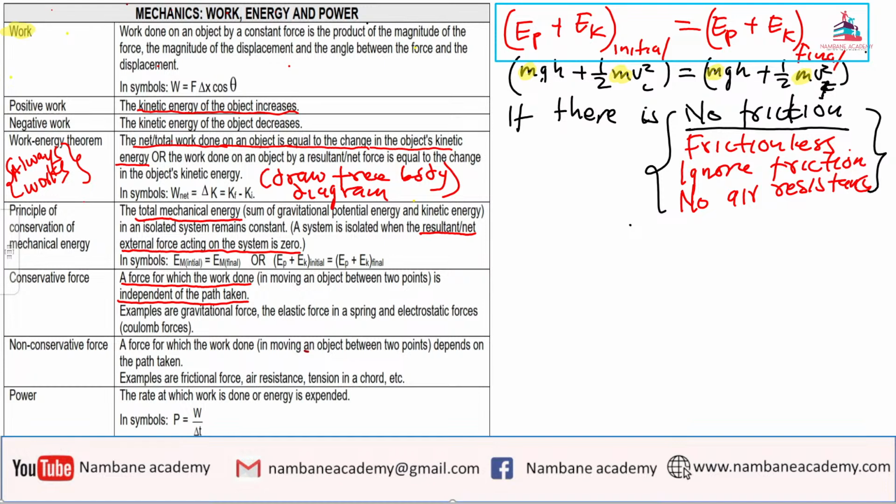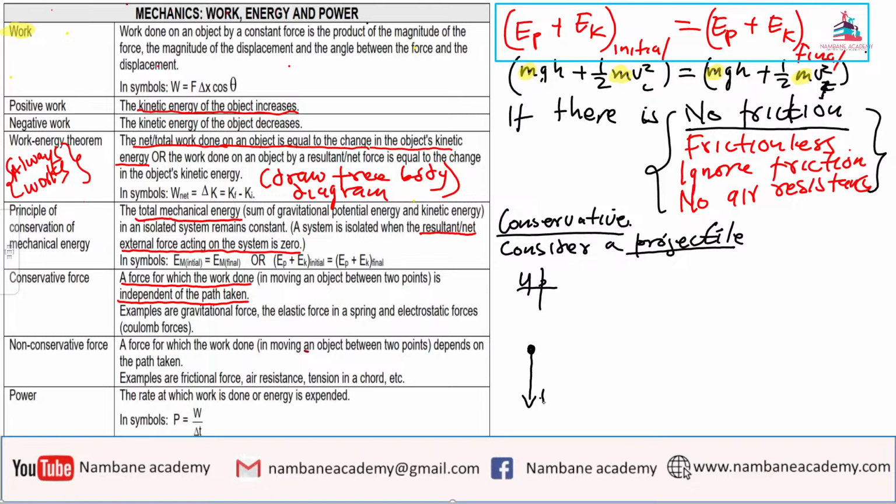Allow me to write conservative force here. I want to explain what this actually means. Let's consider a projectile that we did in term 1. We definitely know what a projectile is. When the projectile is thrown up, when it is moving up, what is the direction of the weight?